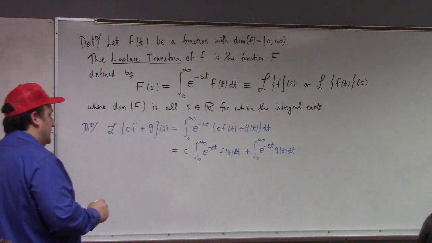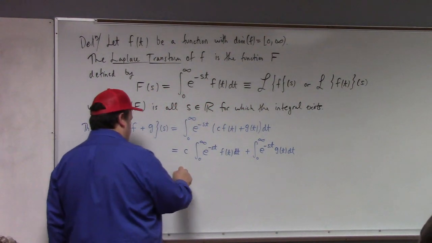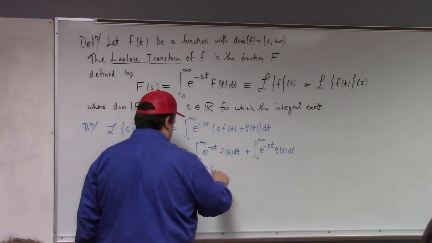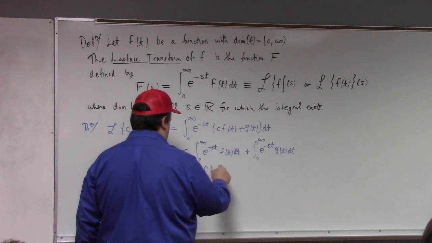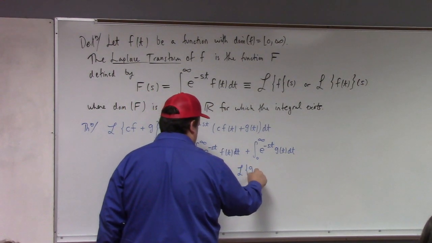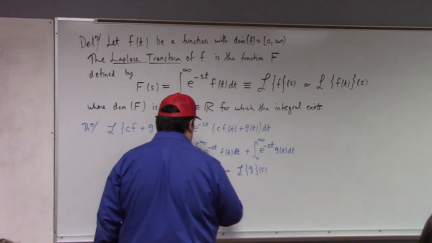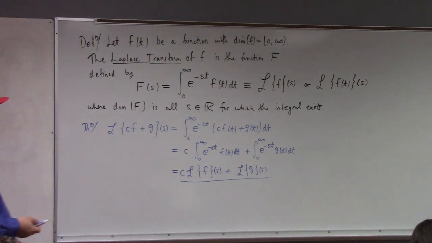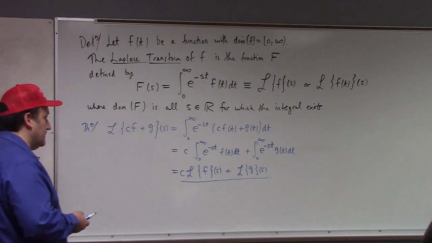That's a mouthful. So this, of course, is c times the Laplace transform of f at s plus the Laplace transform of g at s. All right. So in short, the Laplace transform is linear. So now that we've got that, let's work out a few.